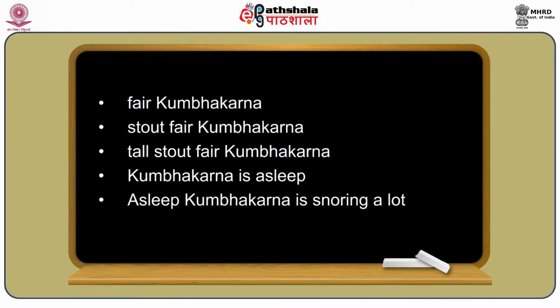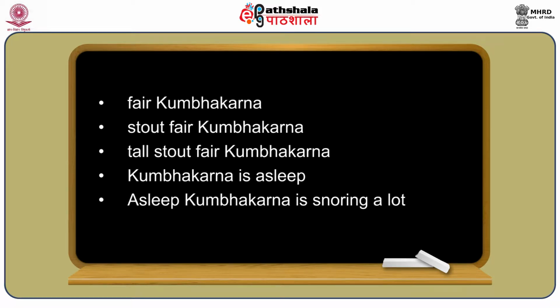The most characteristic distribution of adjectives is in attributive modification, where they can occur recursively. You can say fair Kumbhakarna, you can say stout fair Kumbhakarna, you can say tall stout fair Kumbhakarna. So adjectives can be stacked. Though this is a sufficient condition for calling something an adjective, this is not a necessary condition.